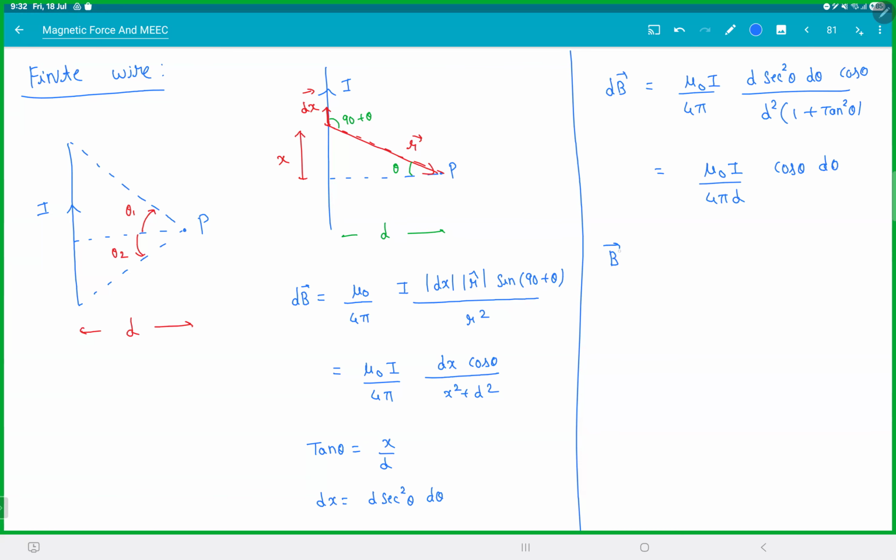Therefore, the magnetic field will be, and you integrate this, limits will go from minus theta 2 to plus theta 1. So be careful with that, because theta 2 is downward. We are taking it as minus. Mu naught I by 4 pi d, integral of cos theta d theta. That will be sine theta, but sine of minus theta 2 will become plus sine theta 2.